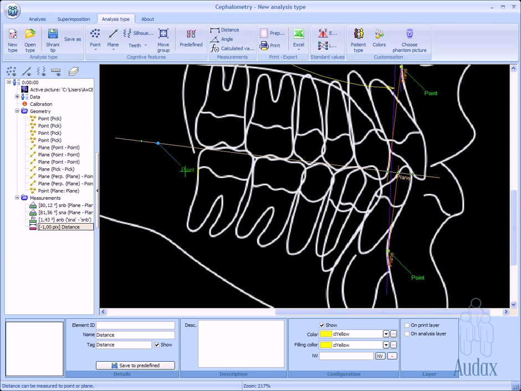By placing a point on the occlusal plane and then measuring the distances to both perpendiculars, two measurements are defined and named appropriately, so they can easily be used in a formula.